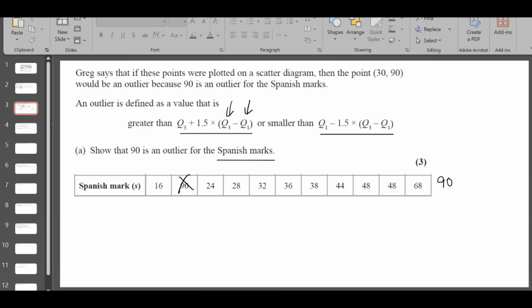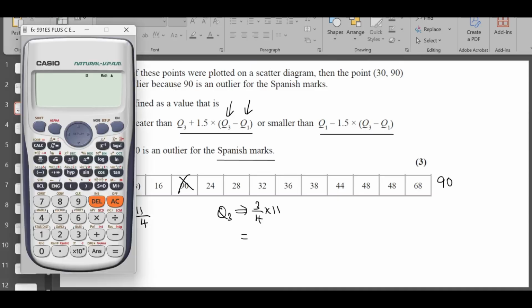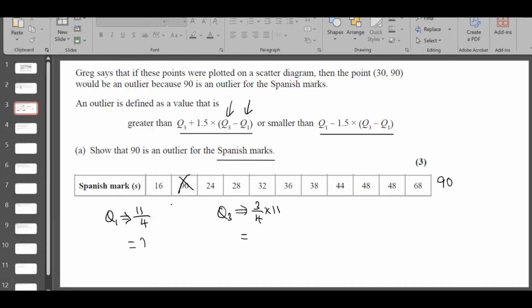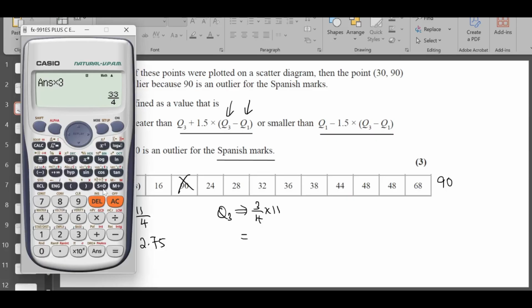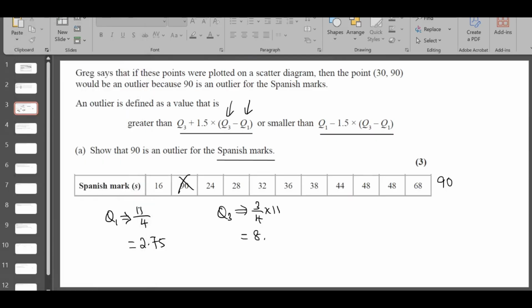So there are 11 entries. To find Q1, you divide 11 by 4. To find Q3, you times it by 3/4, because that's the 75th percentile. So let's calculate these values first. 11 over 4 is 2.75, and then times 3 is 8.25.